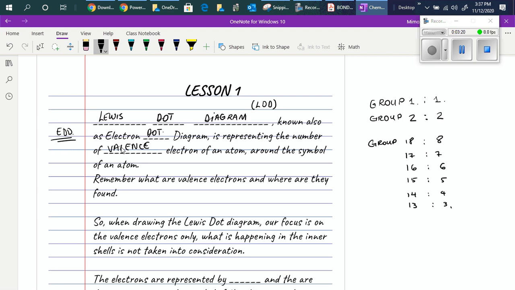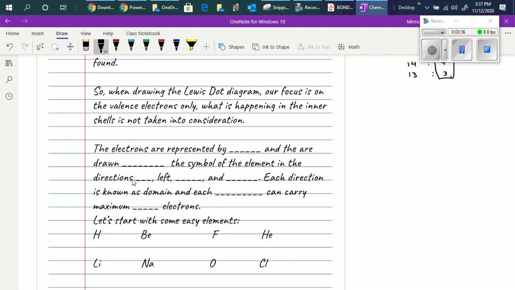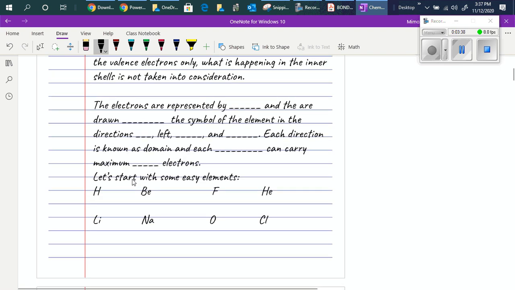So when we are drawing the Lewis dot diagram, we will focus on those electrons that are in the outer shell, not what is happening in the inner shell. And whatever is in the inner shell is not taken into consideration because it is considered to be a completed one. The electrons in the Lewis dot diagram or electron dot diagram are represented by dots.